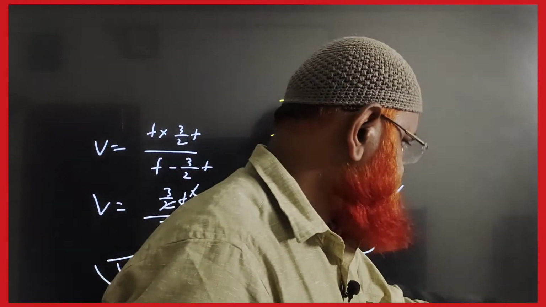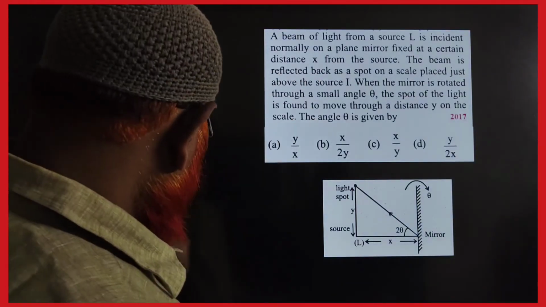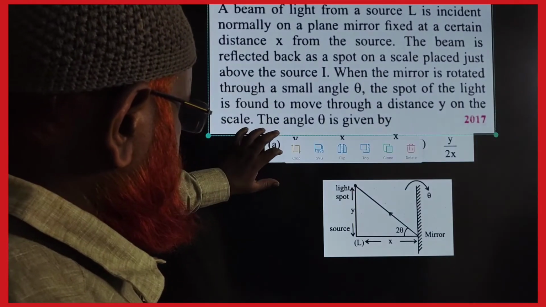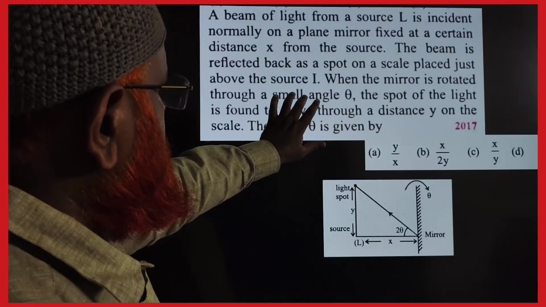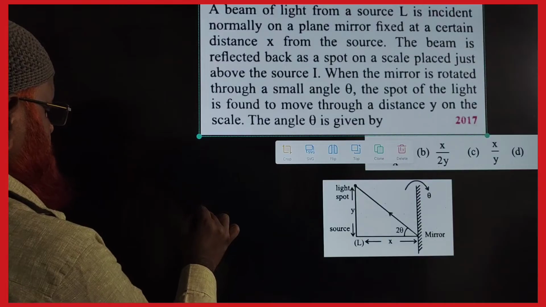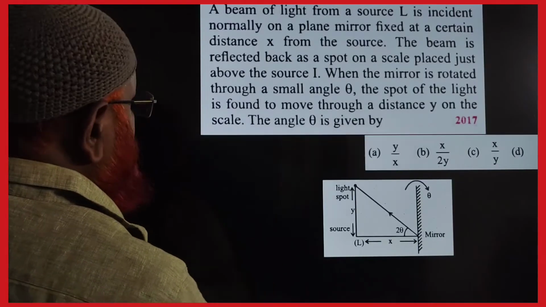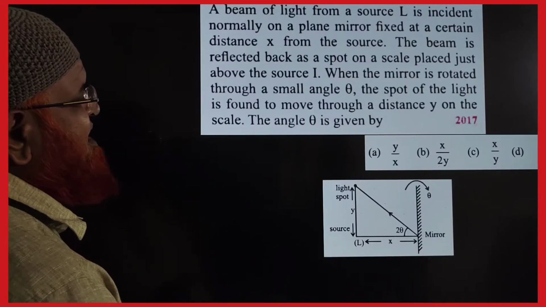Okay. Now here you can just see this problem. A beam of light from the source L is incident normally on the plane mirror.